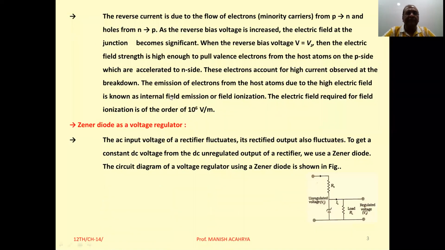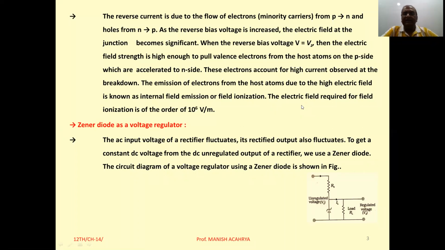Now see, if this phenomenon takes place, then the reverse current which increases is due to flow of electrons from P to N and holes from N to P. And we already discussed that the particular reverse bias voltage at which this happens is called Zener voltage, represented by VZ.